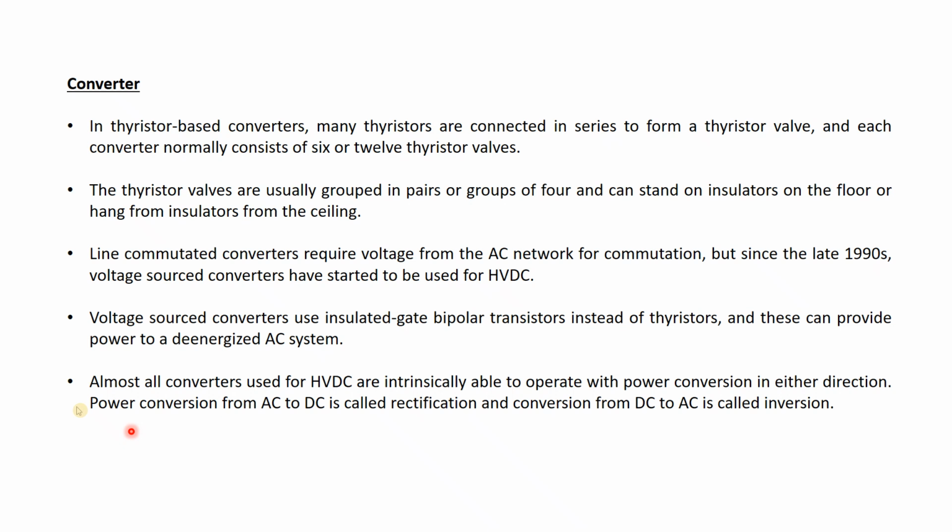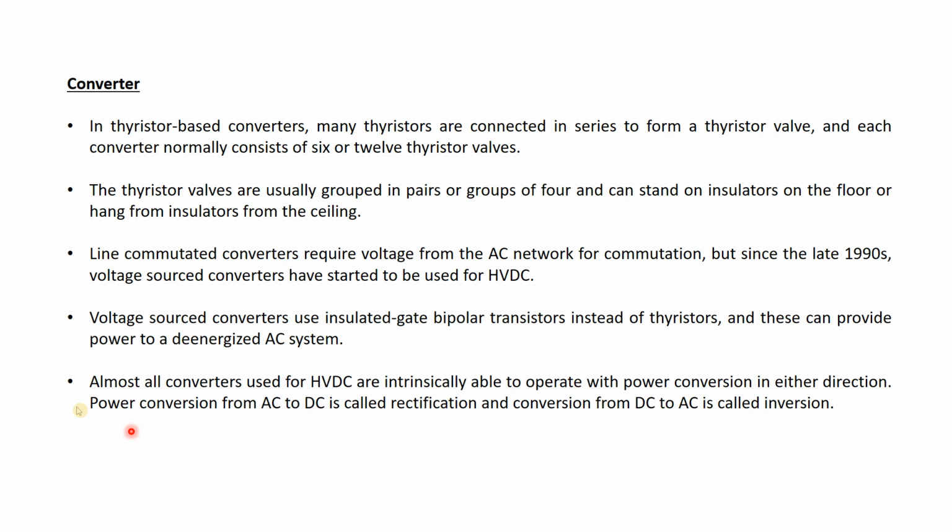That means the thyristor valves should be connected to the insulators. Okay, because obviously we are rectifying high voltage AC to high voltage DC. So insulation is a very important criterion. So these insulators have to be kept at a proper place.